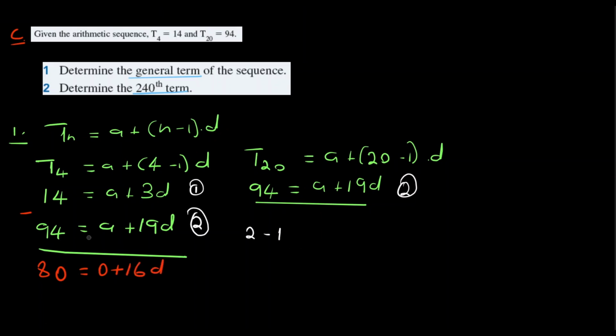So we can see that we eliminated a by using that method. So what we have is 16d equals 80. We can divide both sides by 16 to get the value of d. So therefore d will be equal to 5.